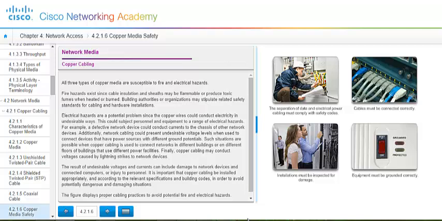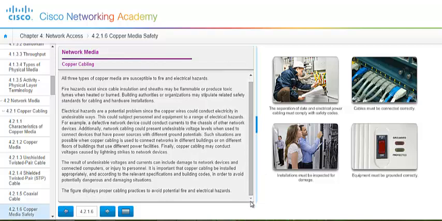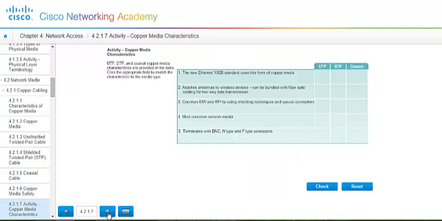Some of the electrical hazards are a potential problem since copper wires could conduct electricity in undesirable ways. This could subject personnel and equipment to a range of electrical hazards. So you do have to take caution when you're installing cables that you've installed them correctly and you follow the standards. Again, here is an activity that you can do.